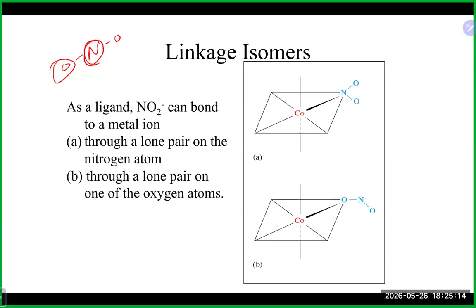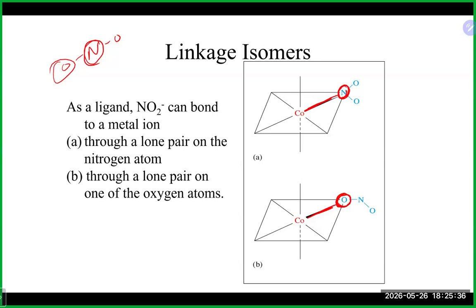So in the top example here, the attachment of that NO2 minus is actually through the nitrogen to the metal in the complex ion. Now we have the exact same ligand here. The only difference is the attachment on the ligand is actually going to happen there at the oxygen rather than the nitrogen.